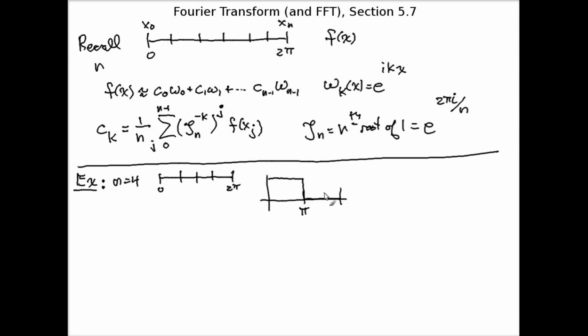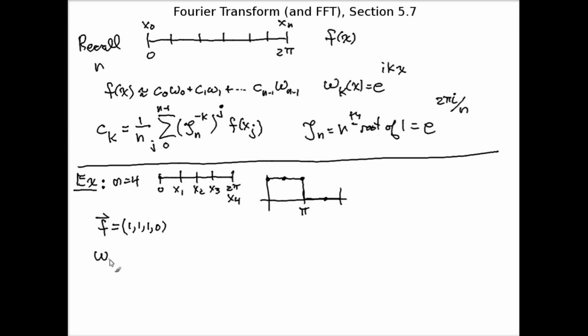And so the first thing that you do is you make this vector of values, the vector f, and the vector f is the vector of values at these points x0, x1, x2, x3, up to x4. It's the values at x0 through x3, which is to say 1, 1, 1, 0.